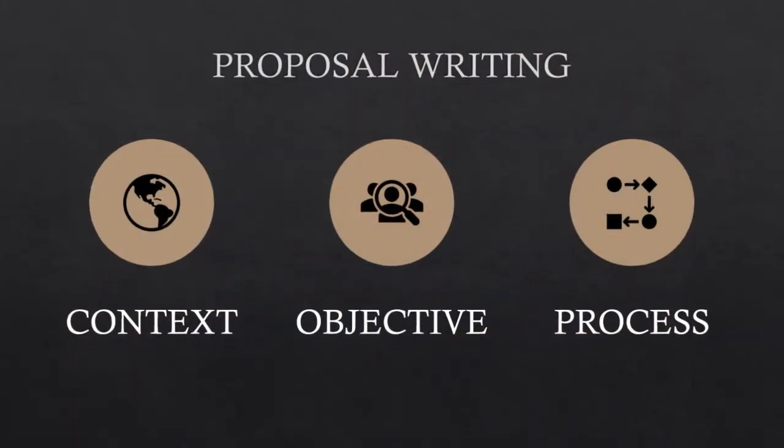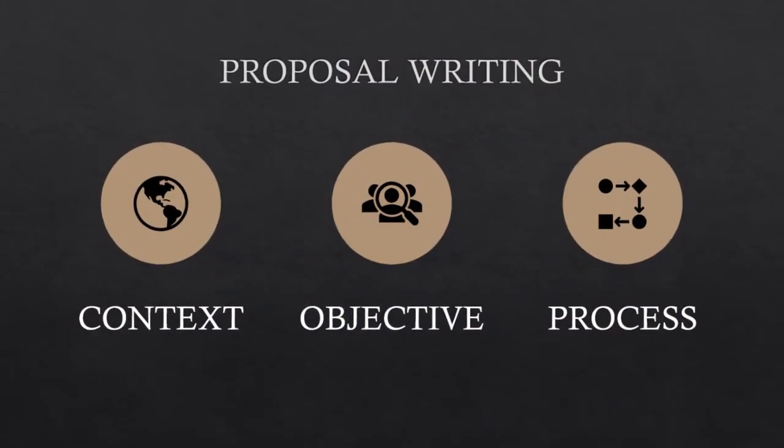So in the COP system, context is the C, and objectives is the O. Now lastly, in your project proposal, you'll need to describe the process. That's the P in COP.